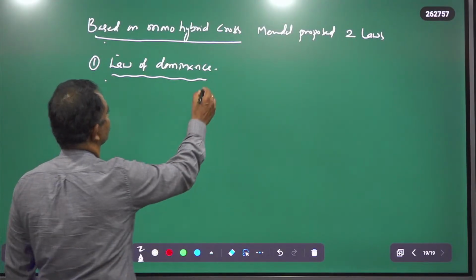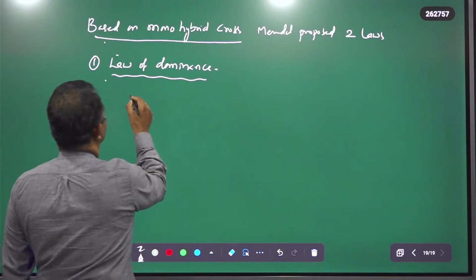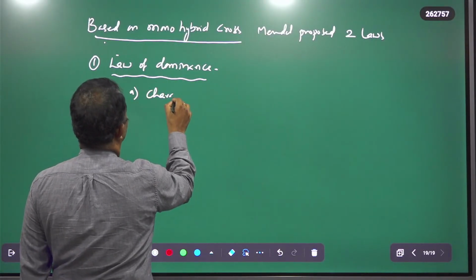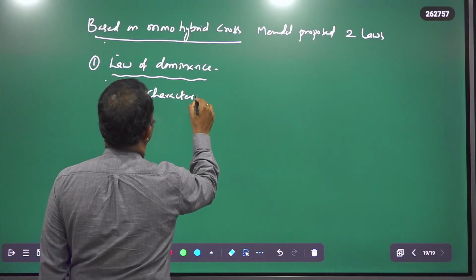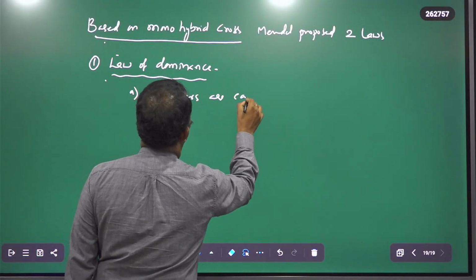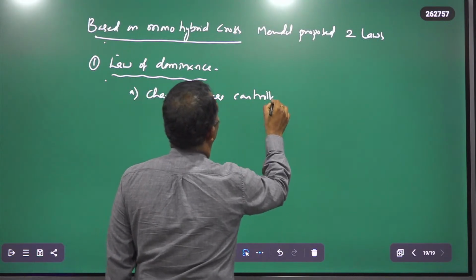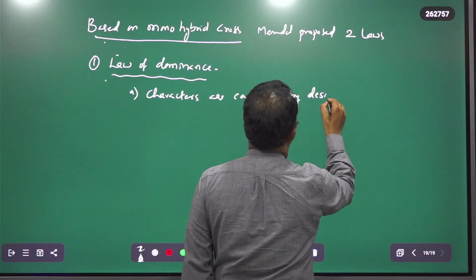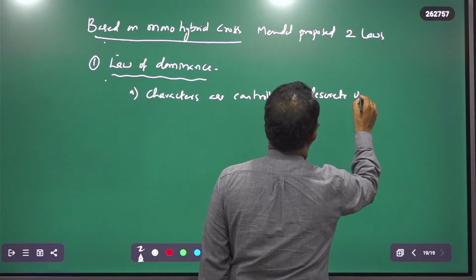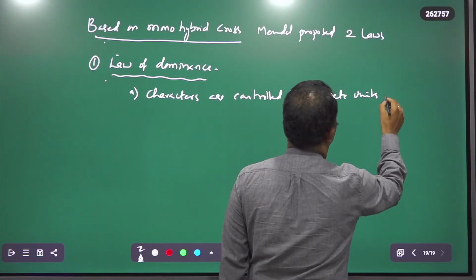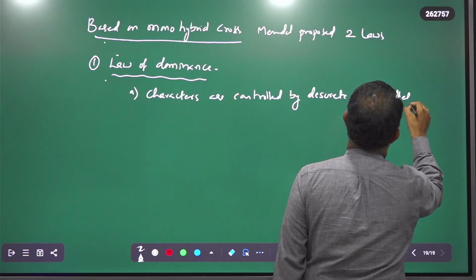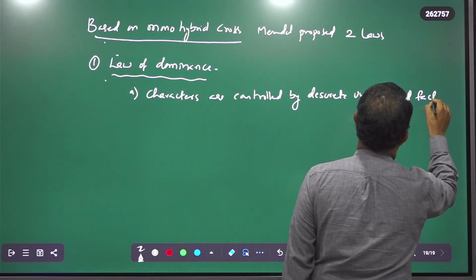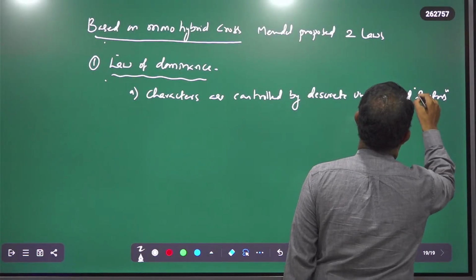Law of dominance, in which Mendel proposed characters are controlled by discrete units called factors.